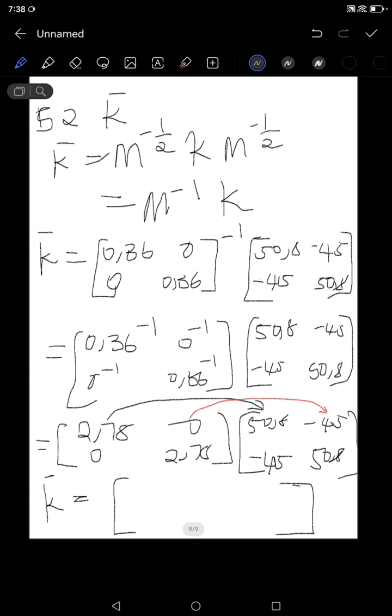And then we're going to get the answer, 141.2. Okay, so now we're done with the first corner here, and then now let's do this corner. To do this corner, it's gonna be 2.78 multiplied by negative 45.